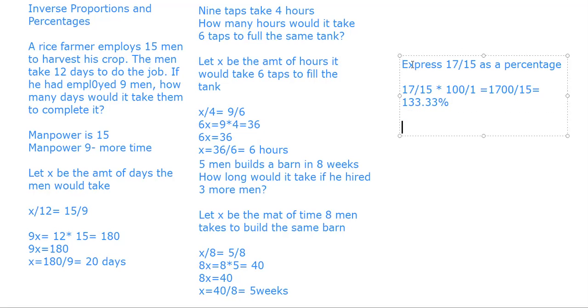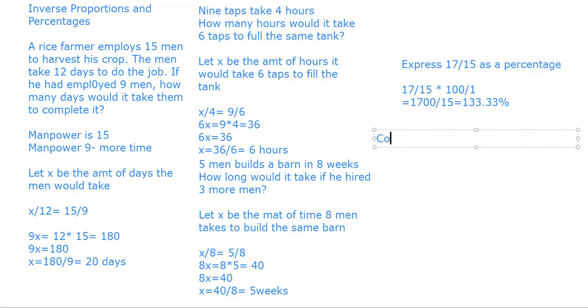Pretty easy. So now they gave us a table, right? Another question. They gave us a table and they asked us to fill it in. So common fraction, percentage, and decimal fraction.